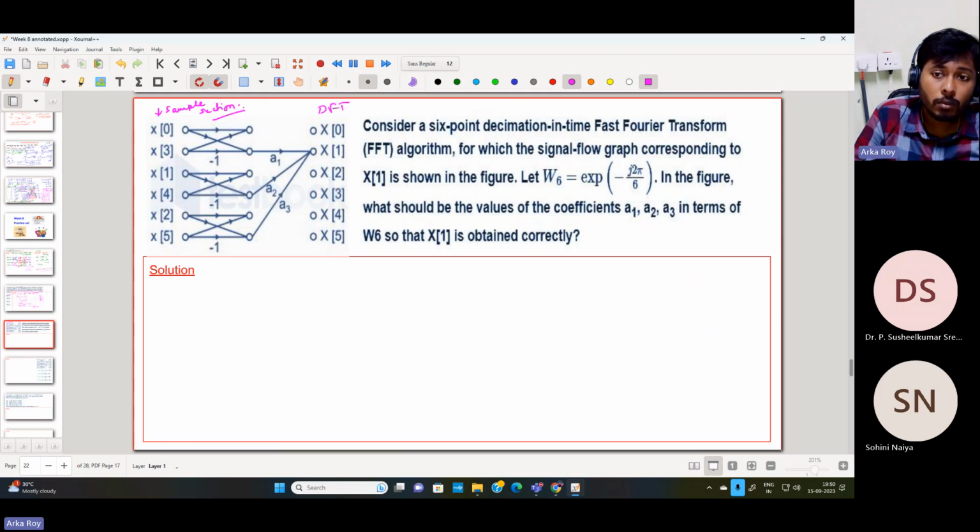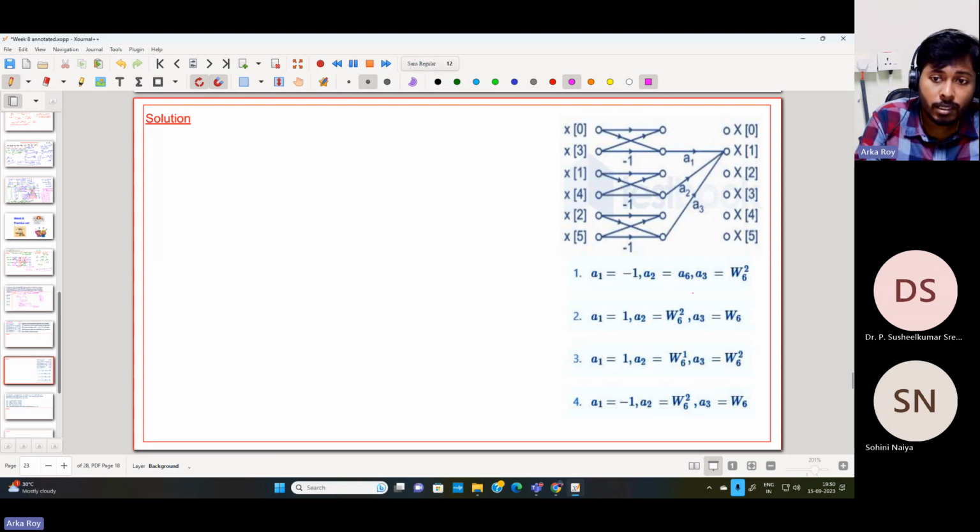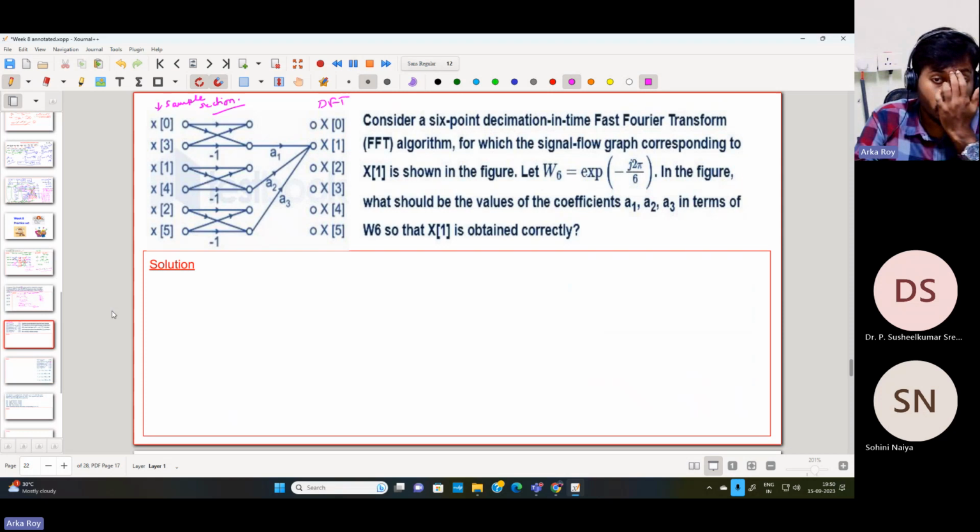After finding X[1], we need to find the coefficients A1, A2, A3. In the next page, I have given the options. We need to find the values of A1, A2, and A3 such that X[1] is in the perfect order. This is a 6-point DFT because we have samples from 0 to 5.